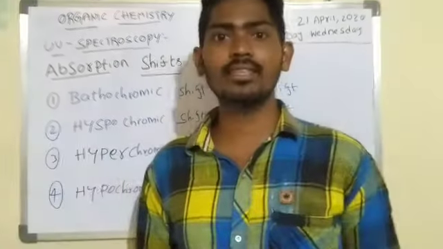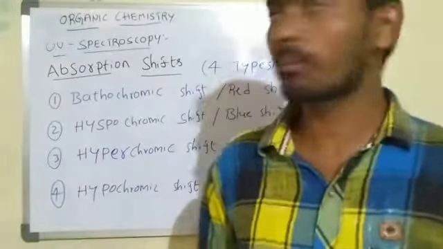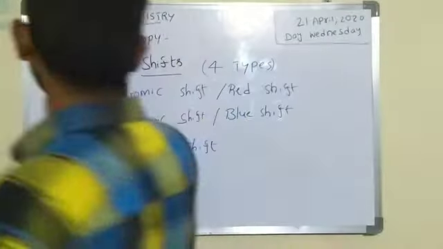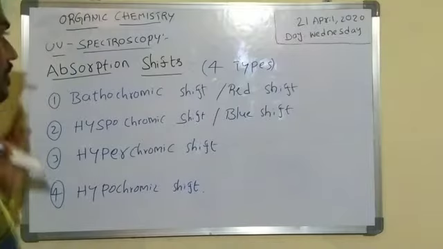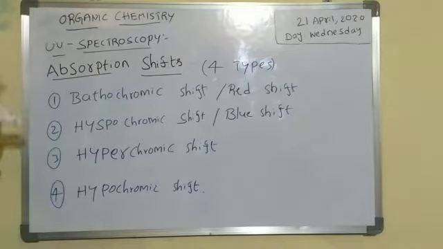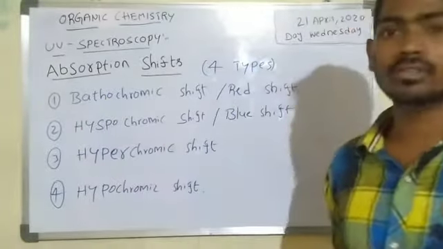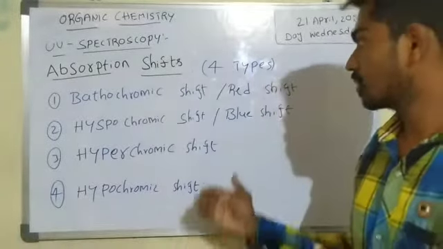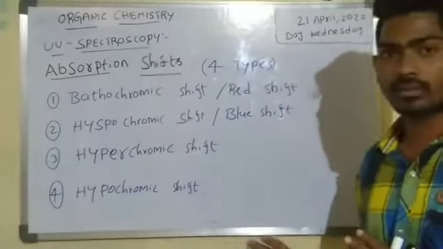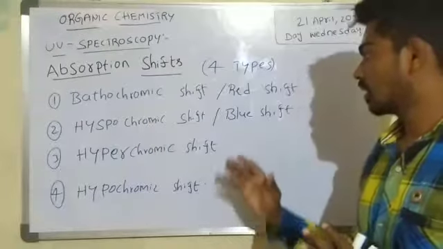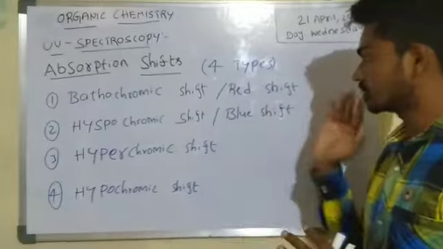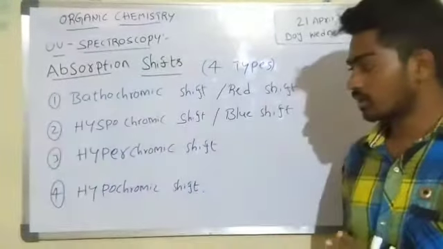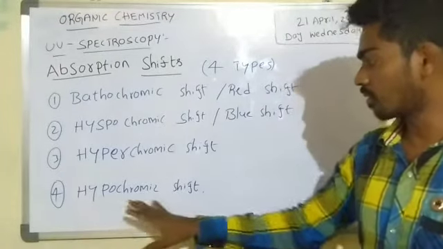Hello friends, in this class we are going to discuss organic spectroscopy, that is UV spectroscopy, absorption shifts. My topic today is absorption shifts. These absorption shifts are of four types. These are bathochromic shift, which is also called red shift, and hypsochromic shift, which is also called blue shift, and the third one, hyperchromic shift, and the last one, hypochromic shift.